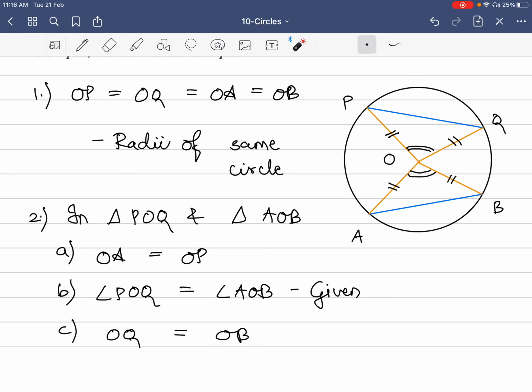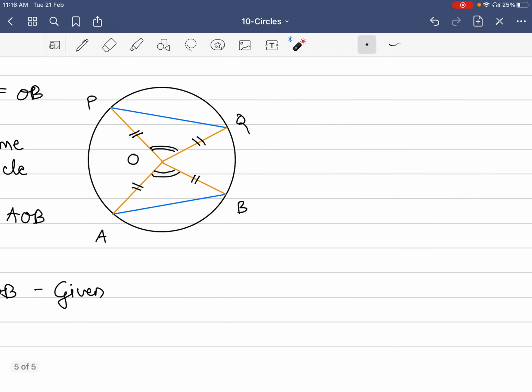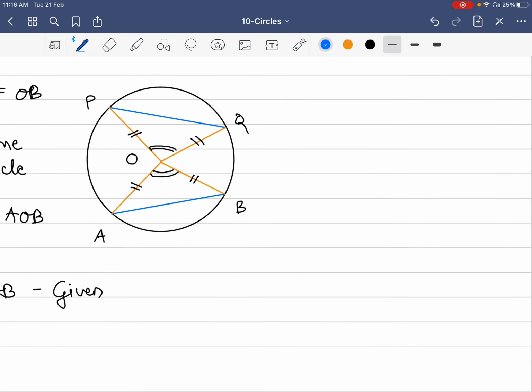If you note, in these three steps, this is side, angle, side. The angle is included between the two equal sides. So side, then this angle, then this side is equal to side, then this angle, then this side. Once again, we are going to use a congruency test, and that is going to be SAS.